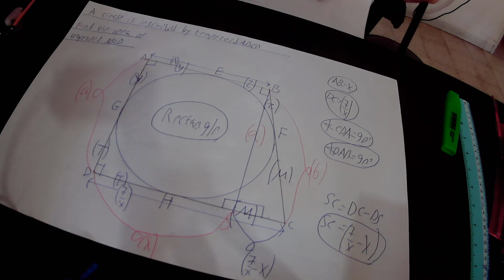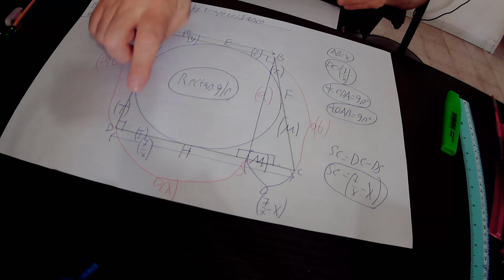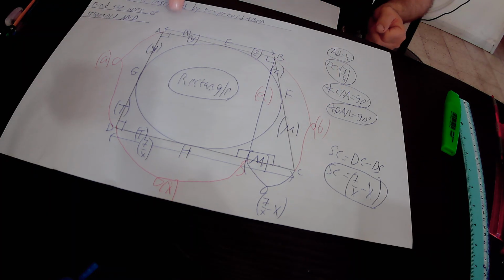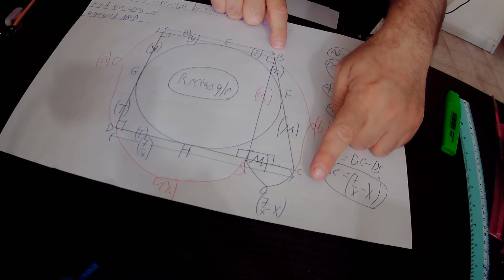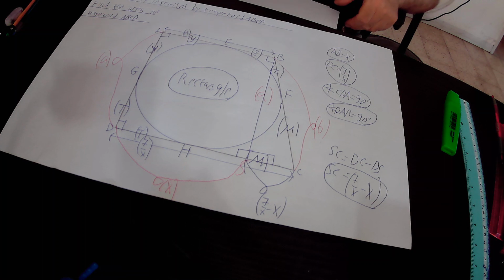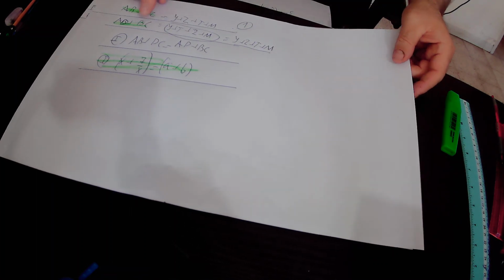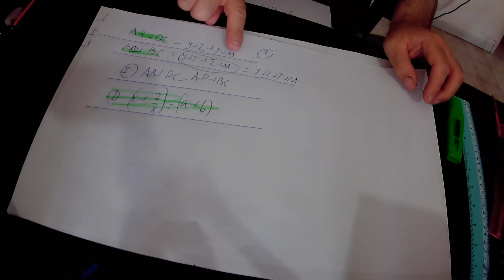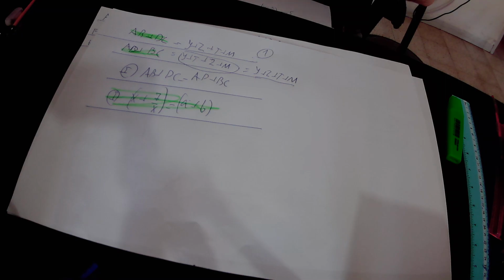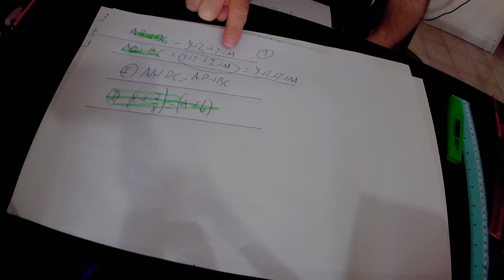Likewise, we add side AD to the opposite side BC. So what is the value of AD plus BC? AD is Y plus T, and BC is Z plus M. So in total, AD plus BC equals Y plus T plus Z plus M. According to the algebraic identity that A plus B equals B plus A, we can change the order of the letters of this expression.